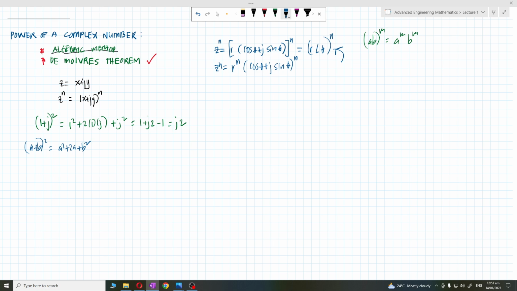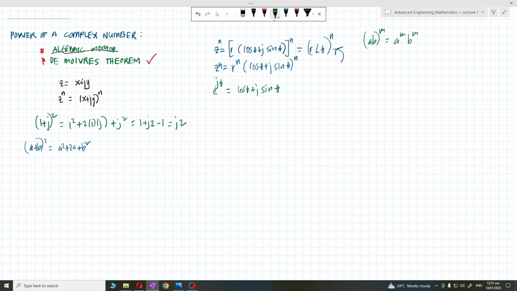Now, let's go back to an equation that relates exponential and trigonometric functions. Remember, we have e raised to j theta is equal to cosine theta plus j sine of theta.